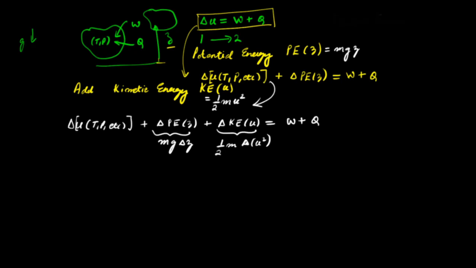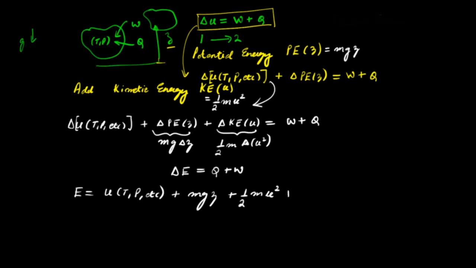Or in other words, we can write the first law more generally as the change in the total energy of the system is equal to the heat transferred to the system and the work done on the system, where this energy is the sum of all types of energies, that is the internal energy that might be a function of temperature, pressure and other thermodynamic variables, then the potential energy and kinetic energy, and there could be other forms of energies that we can add.